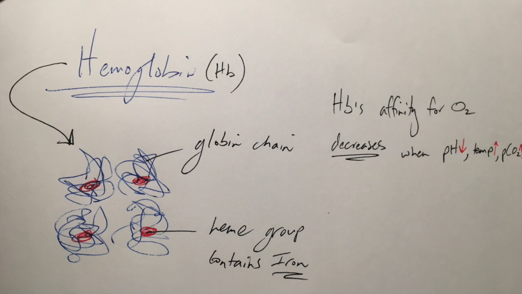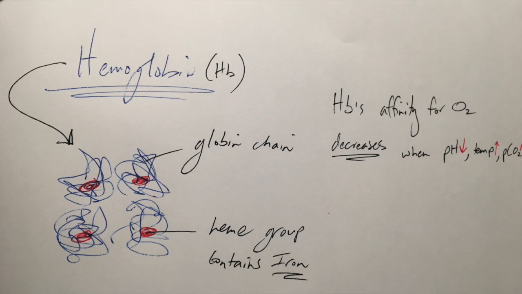It changes based on pH, the partial pressure of carbon dioxide, and temperature. So we'll say the affinity depends on pH, the partial pressure of carbon dioxide, and temperature. PCO2 is partial pressure of CO2.